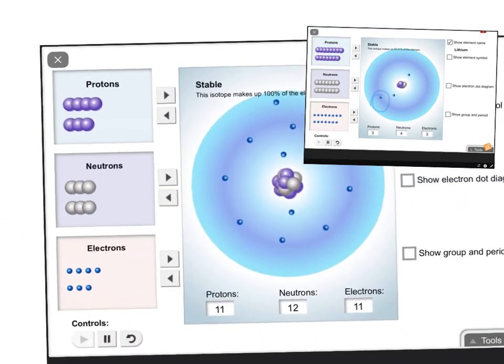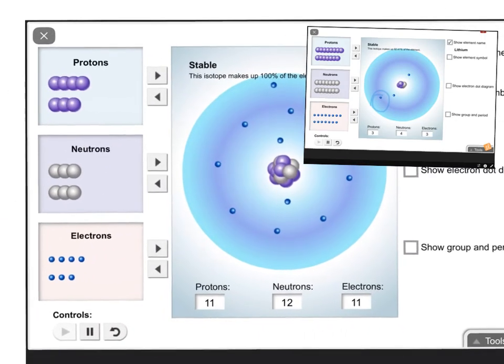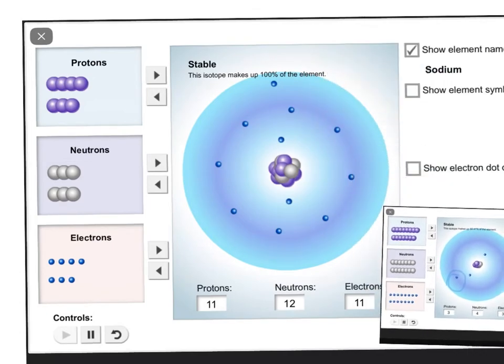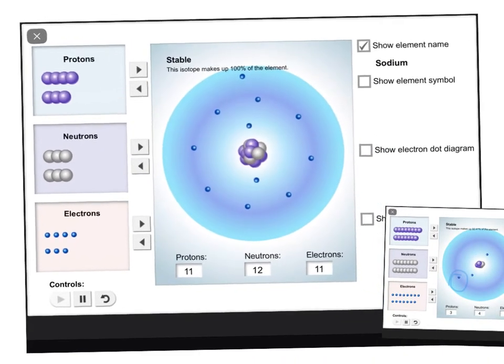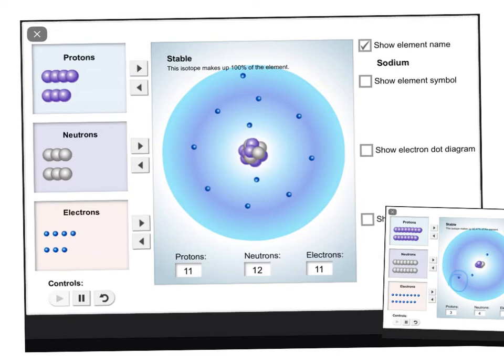Now let's take a look at the second atom that I created, which is sodium. And when I start this one, there's the electrons moving around. When you look at this one, what do you notice about the valence electrons?